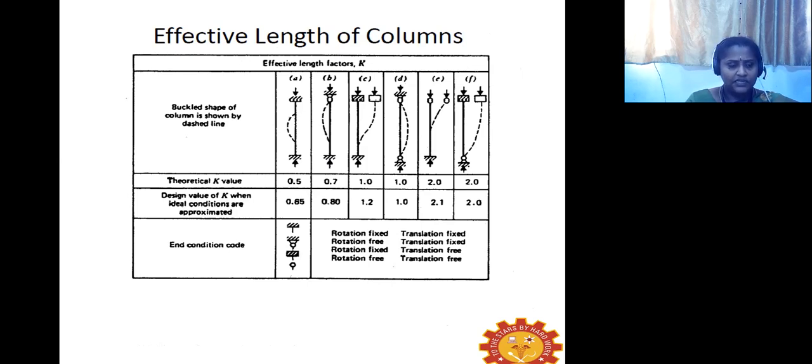Based on the different support conditions, the effective length varies. The values are given here: for fixed on both ends, for one end fixed and the other end hinged, and for both ends hinged. So for different kinds of conditions, the effective length factor is tabulated here.